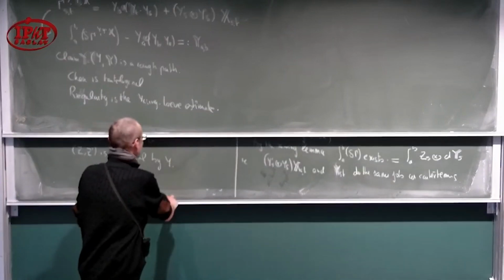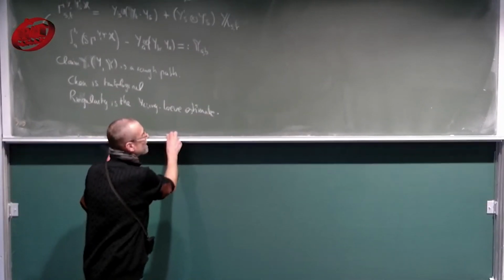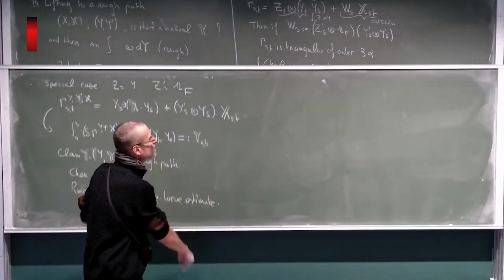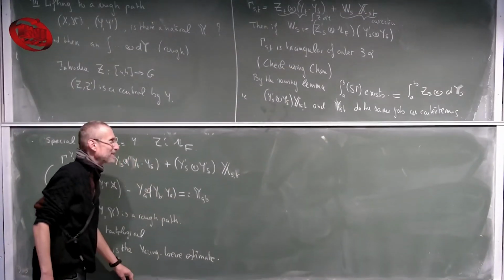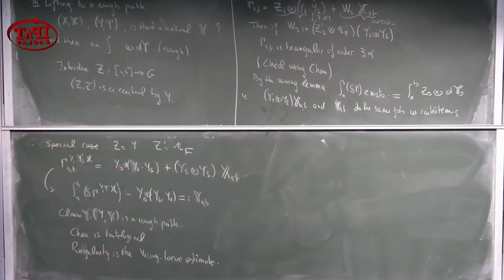Okay, so now you will find it in the notes. Once you've defined an integral, of course, you don't want to compute integrals by returning to Riemann sums. So you need to have nice things, and you have the fundamental theorem of calculus, you have a change of variable formula, you have the product formula, and all these can be defined for rough integrals and proven. And this will be in the notes.